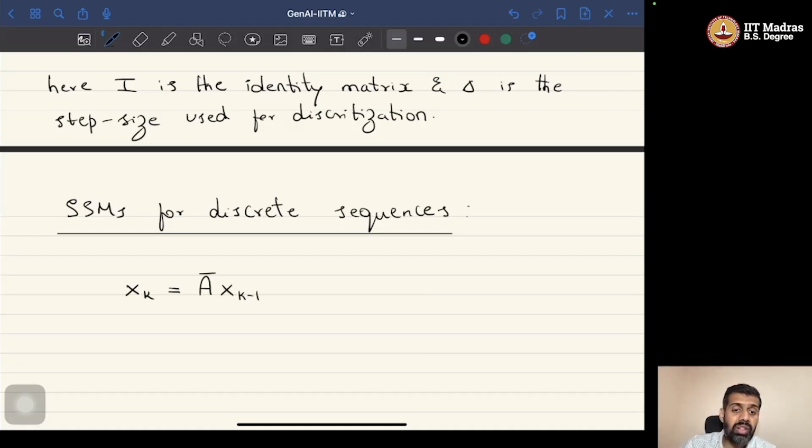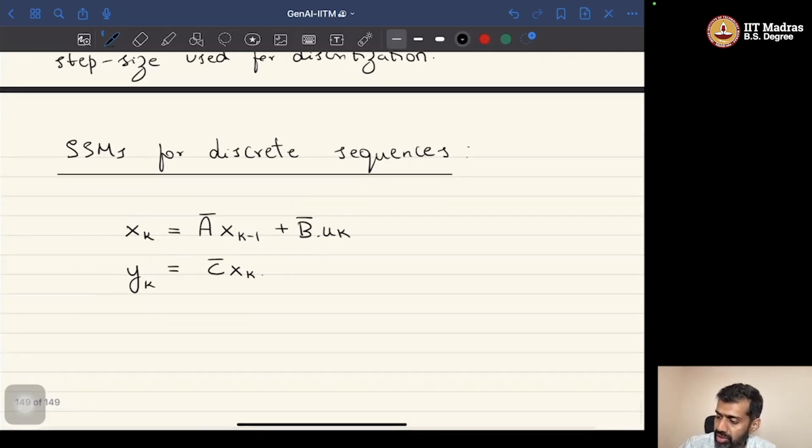Note that instead of derivatives, now we have first order differences, plus B bar times u_k, and y_k, which is the kth token in the output sequence, is equal to C bar times x_k. So this is the new state space equation that we have.